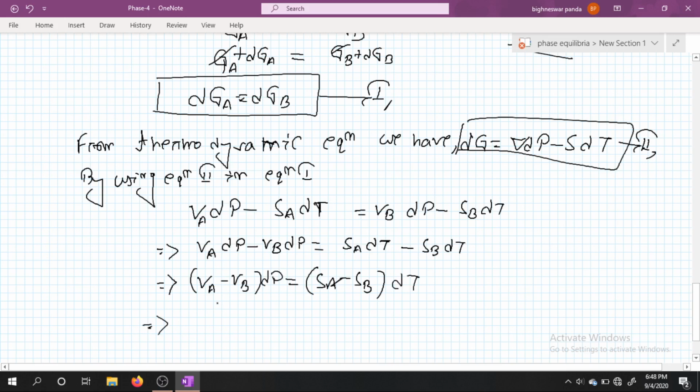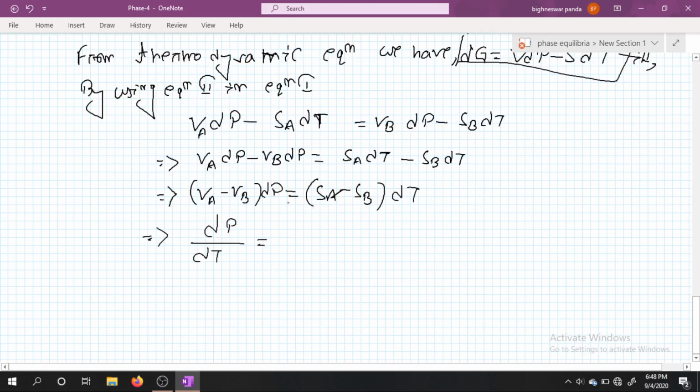So dP by dT will be equal to SA minus SB divided by VA minus VB.